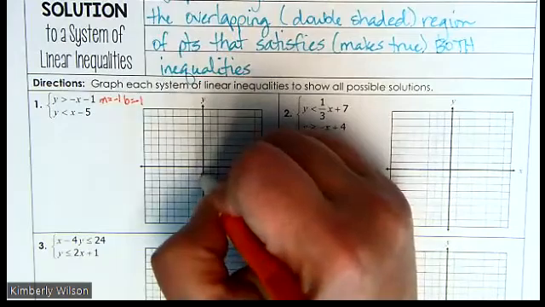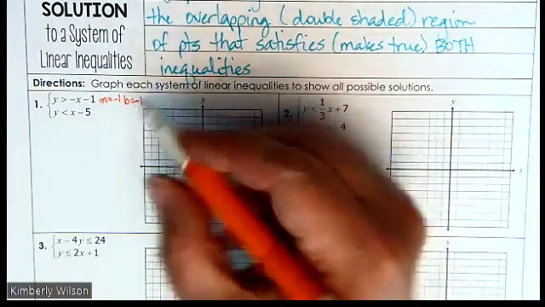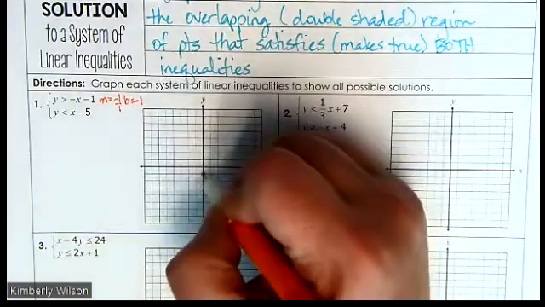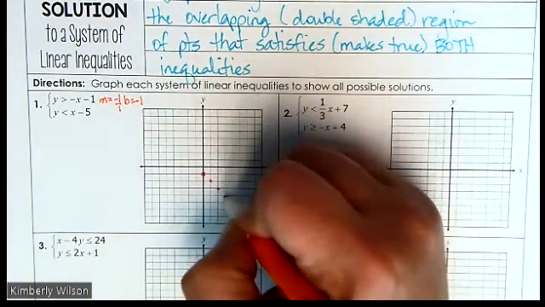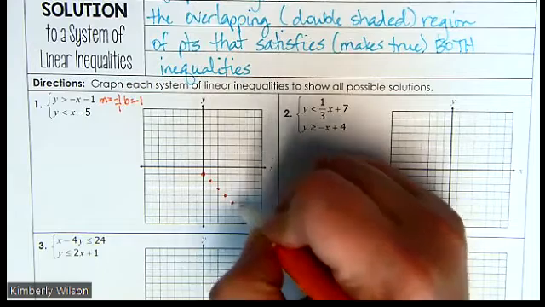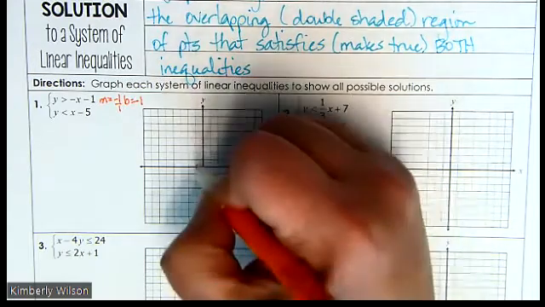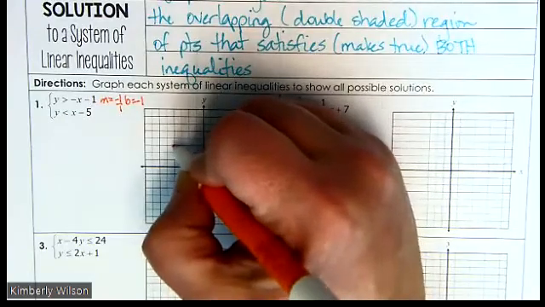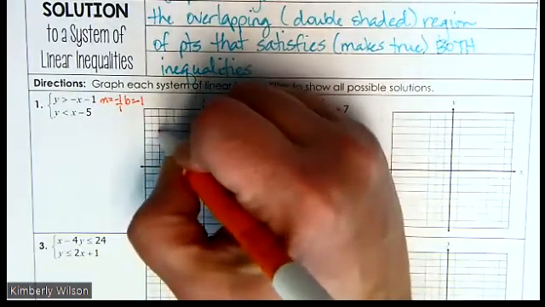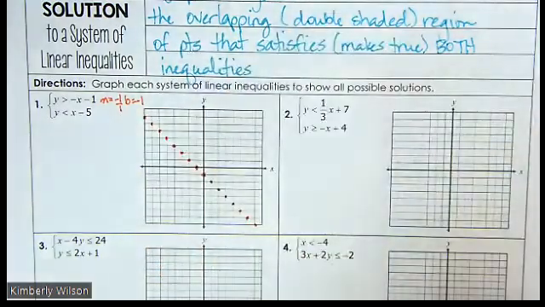So I start at -1, and then I have a slope of -1 over 1, so I'm going down 1 over 1 here. I can just do dots, which will make it either a dashed or dotted line. I don't need to use a straight edge because I'm not connecting them.